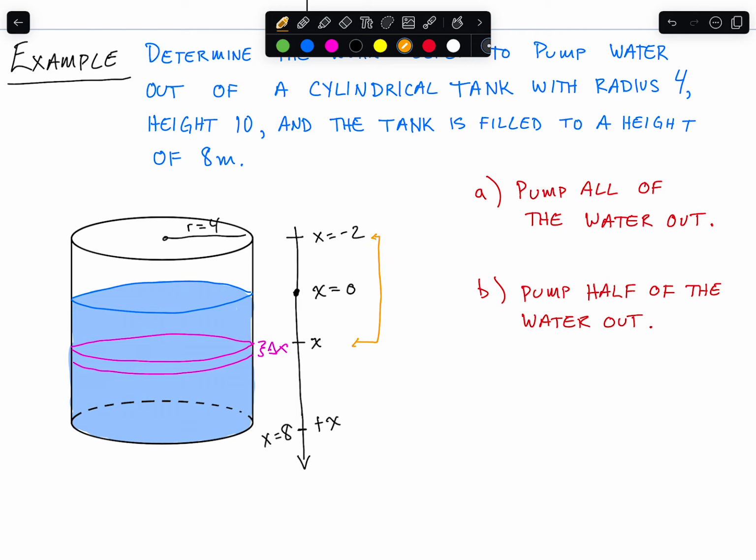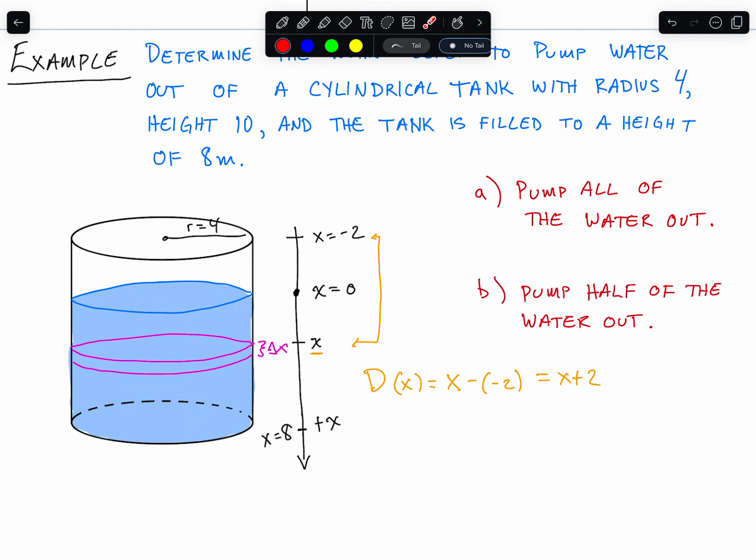So as we've always done, our distance, we take the larger thing minus the smaller thing to find the distance. And since our positive x direction is downward, our larger thing is the x. So we have x minus -2, which is x plus 2. So the distance that the water needs to move out is now x plus 2.